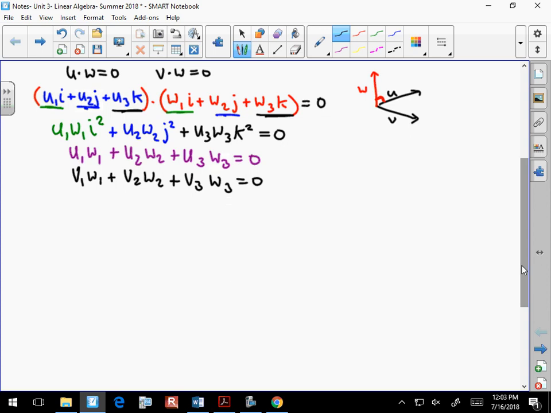Because okay, so I did it algebraically for the purpose of solving for w1, w2, w3. That's the whole goal, we're looking for a cross product. But I did it algebraically. I didn't do it with row reduction techniques. And I'm trying to see if this is going to play out in a worthwhile fashion if we do it that way, or if it'll be a complete waste of time.